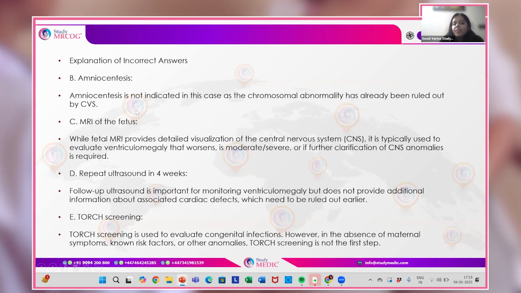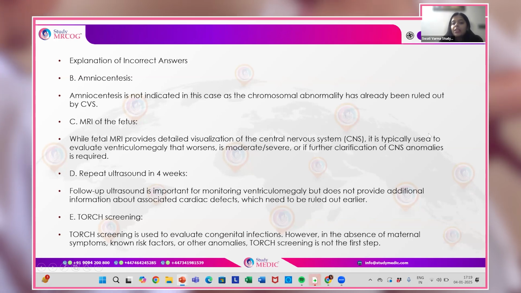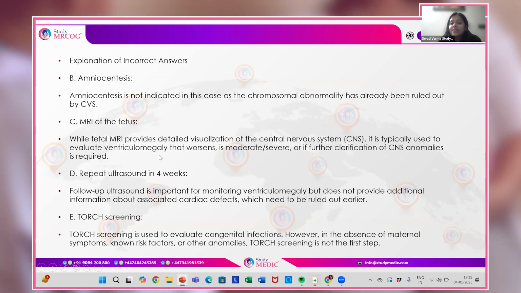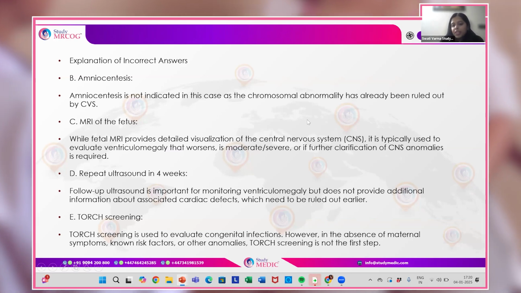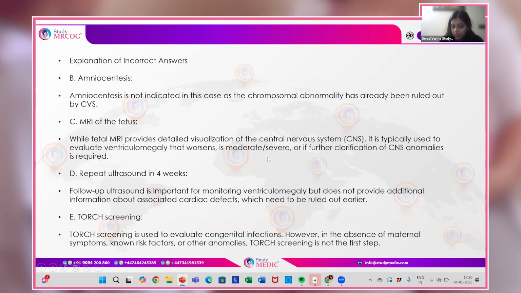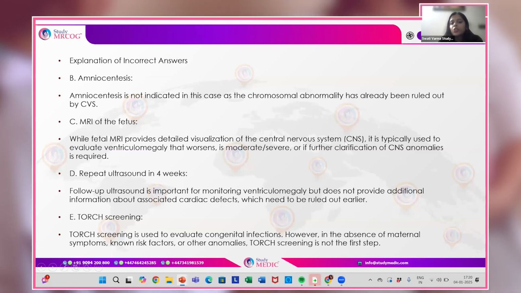Although it will provide a detailed visualization of the CNS, it is typically used for ventriculomegaly that is getting worsened or that is moderate to severe, or if further clarification of a significant CNS anomaly is required. But here, ventriculomegaly is mild.